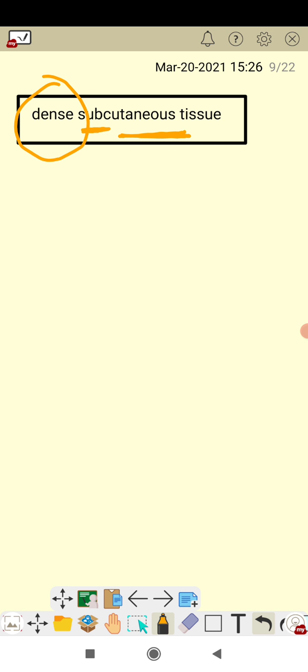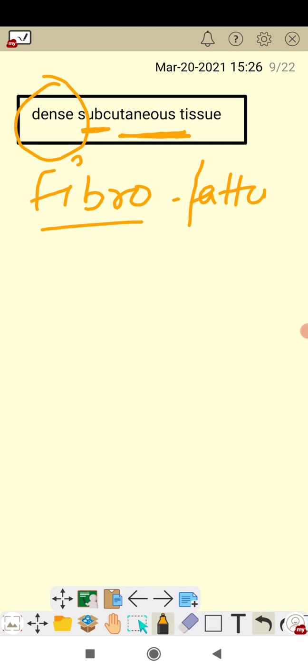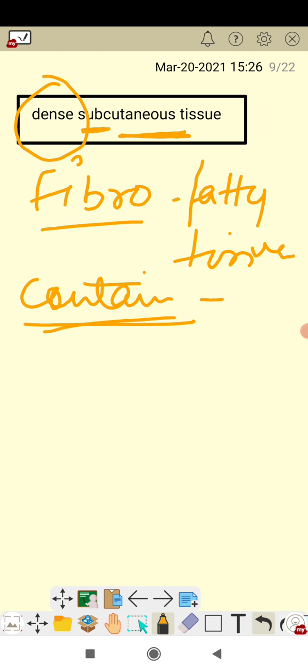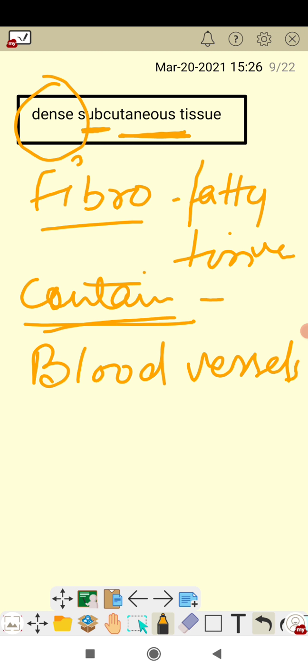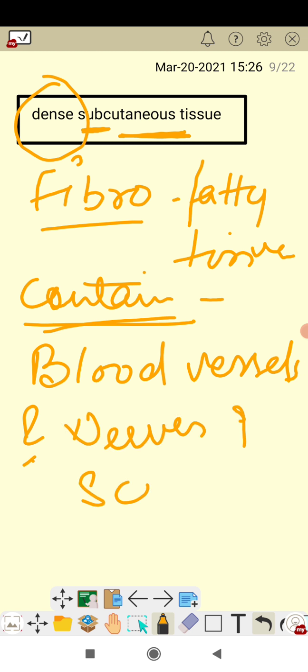It is composed of close network of fibrofatty tissue. It contains large blood vessels and nerves of scalp.